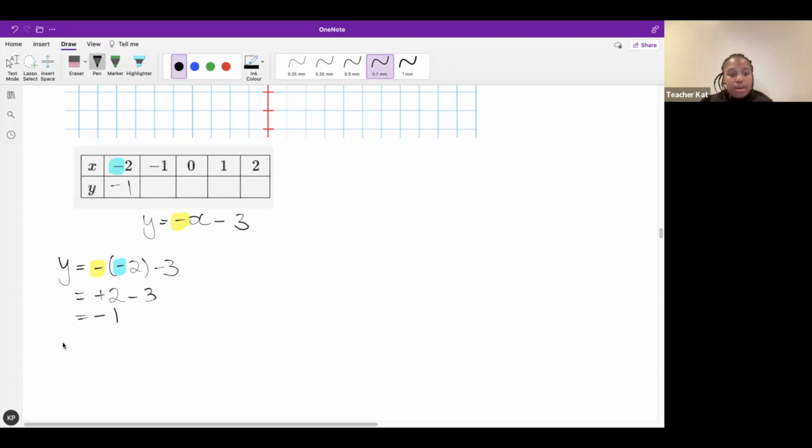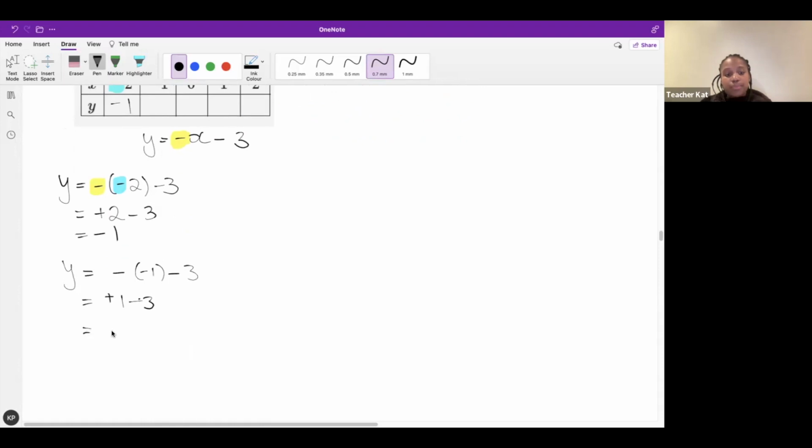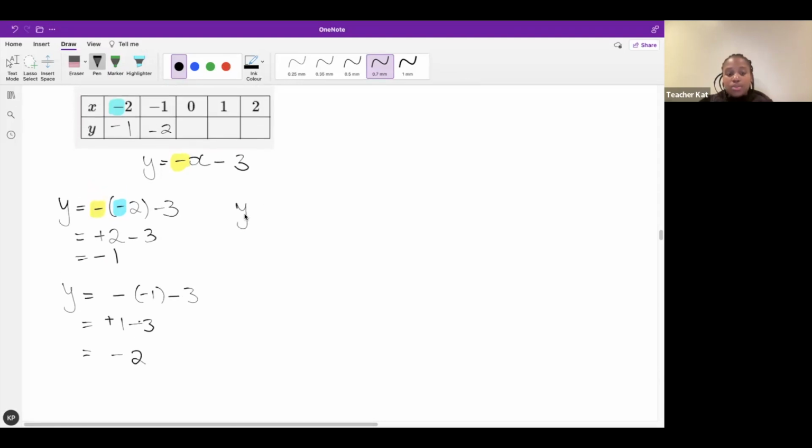For my second one, y is equal to negative negative 1 minus 3. Negative negative 1 is positive 1 minus 3. So my output is negative 2. My next one, y is equal to negative 0 minus 3. Can 0 even be negative or positive? It can't, it's neither, right?